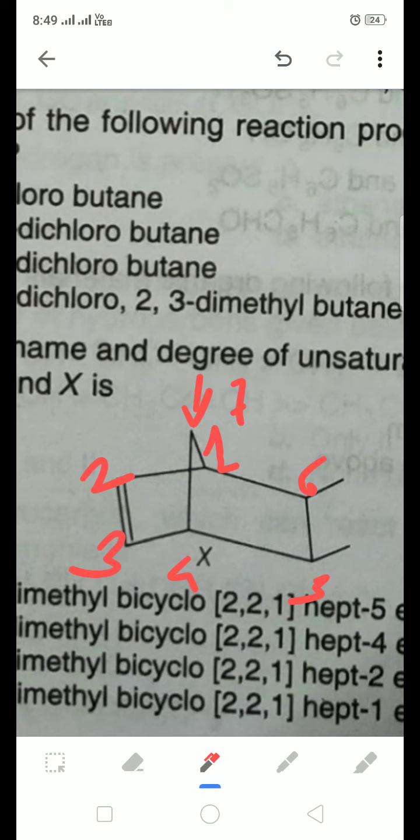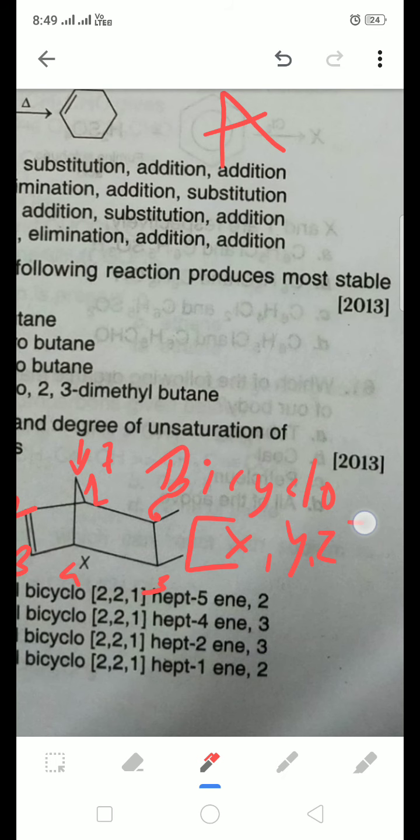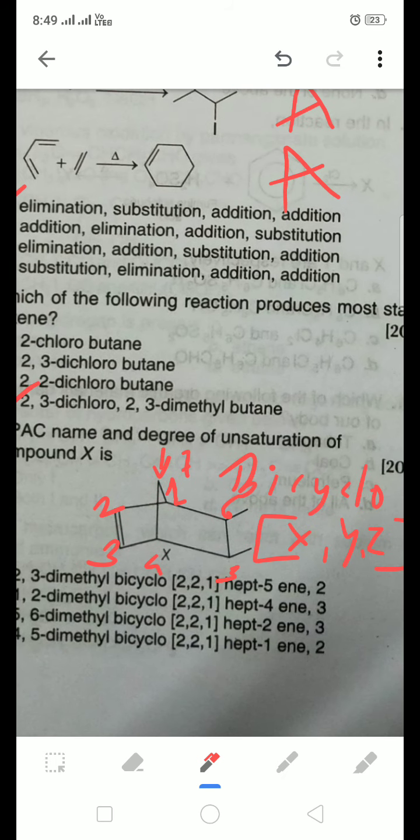Now just look at how to write the configuration inside the bracket. So first we write here bicyclo, and inside the bracket X, Y, Z. Okay, so now what is X? X is the number of carbons in the longest part. So what is the longest part?